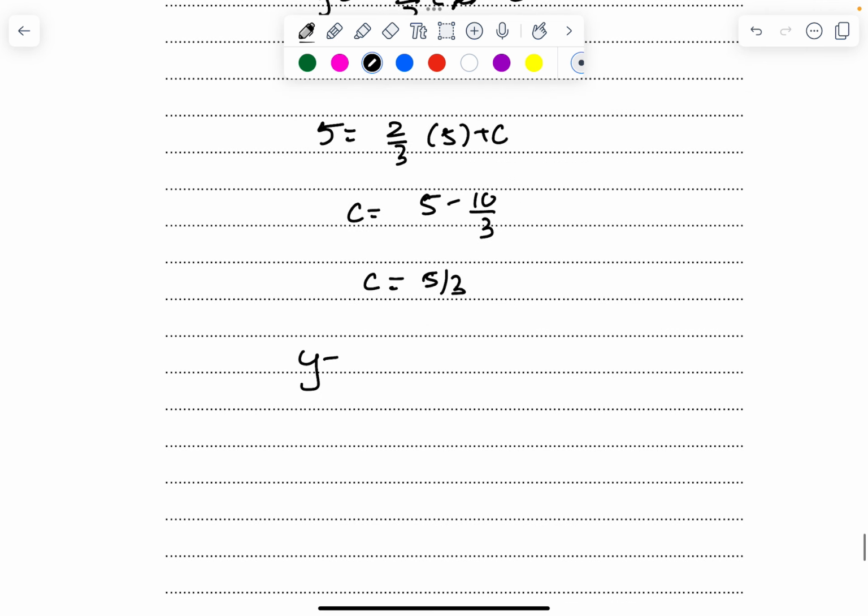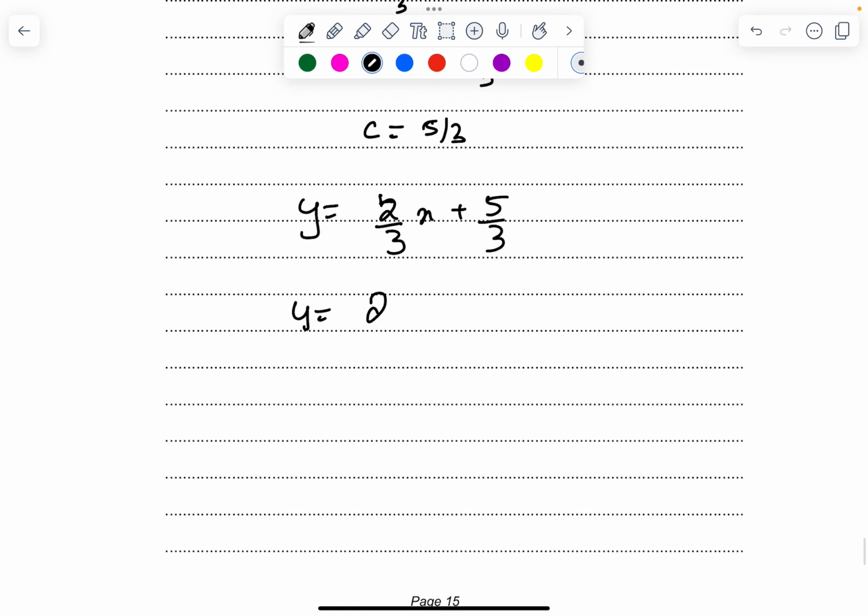So what will be the equation of the line? y equals 2 upon 3 x plus 5 upon 3. So 3y equals 2x plus 5. It becomes 2x minus 3y equals negative 5.